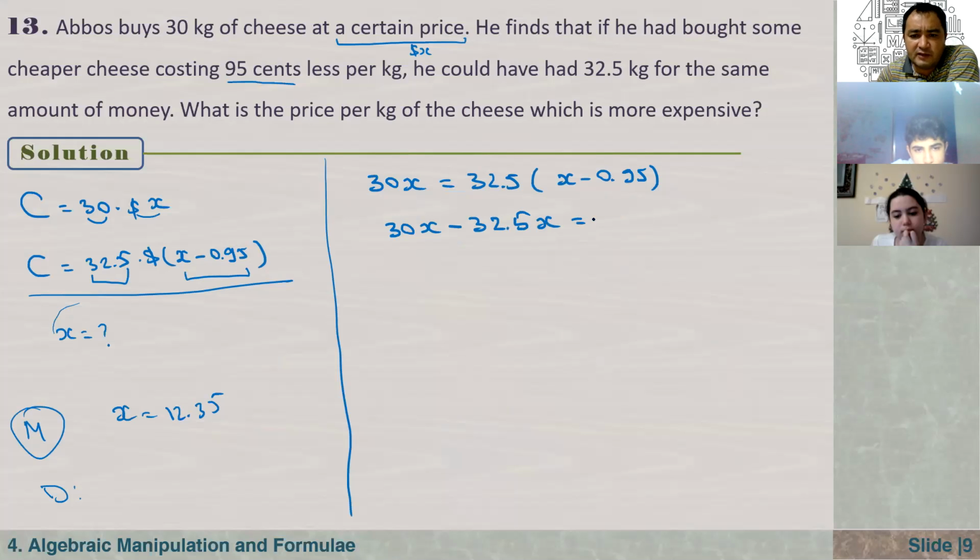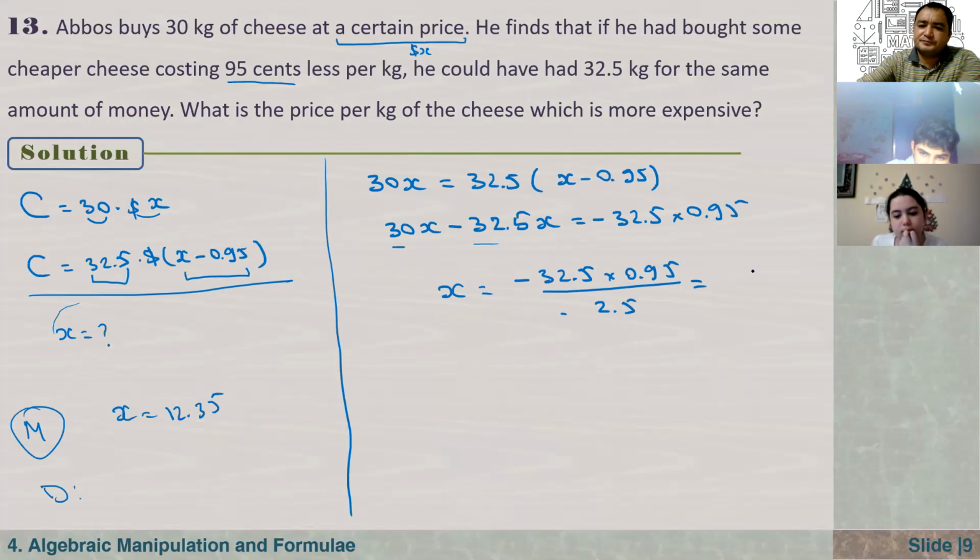On the right-hand side, we have minus 32.5 times 0.95. 30 minus 32.5 is minus 2.5, and divide both sides by minus 2.5. Here we have minus 32.5 times 0.95 over 2.5, right?